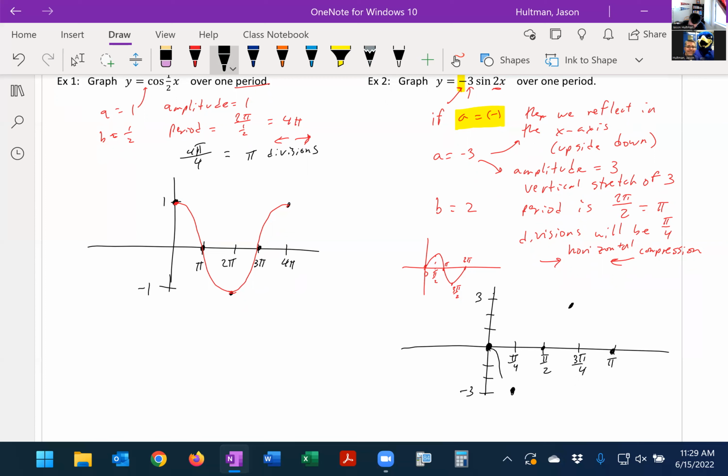Oops, doesn't look like that. Looks like this. There we go. Like this. And then I think my divisions were too spread out, maybe.